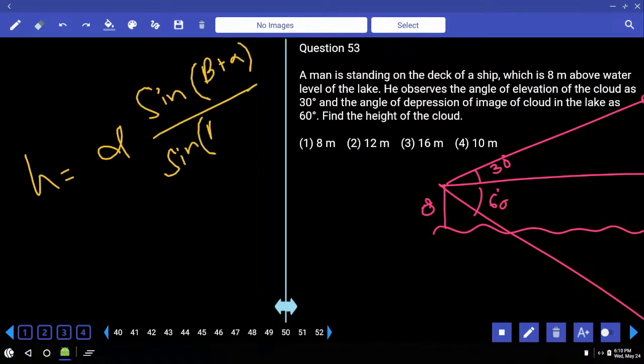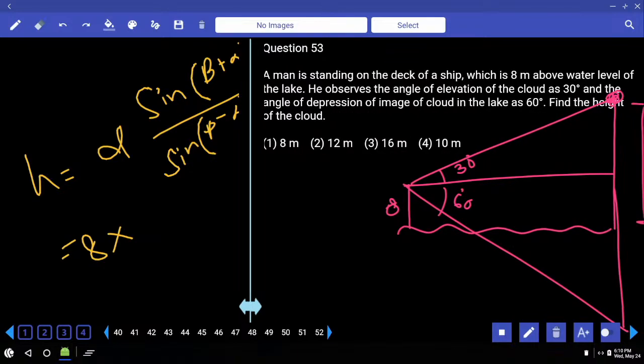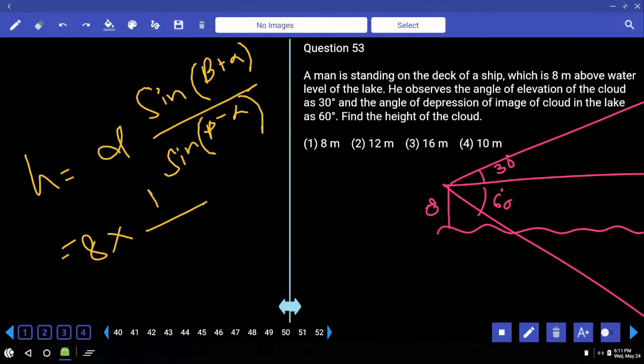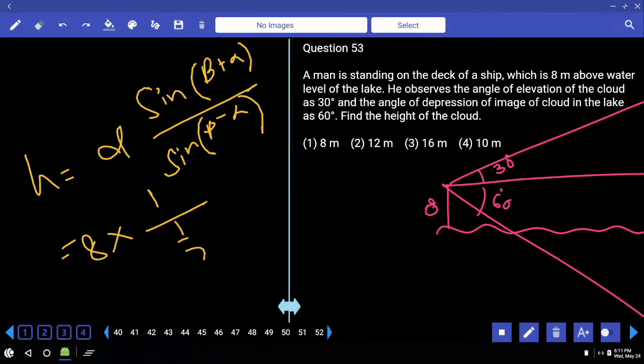This is the formula. So that is 8 into sine 90 by sine 30, which is 1 by 2. So the answer is 16.